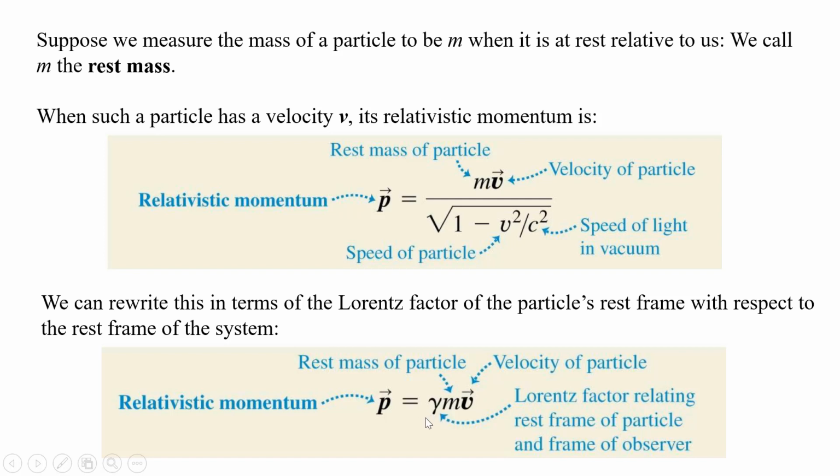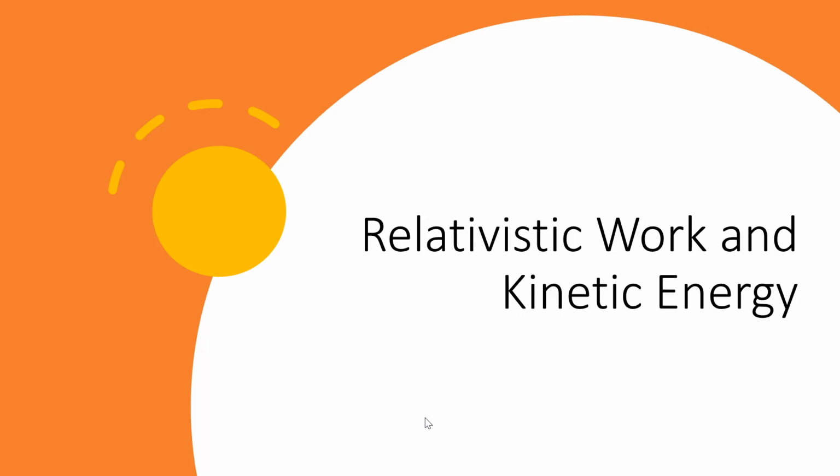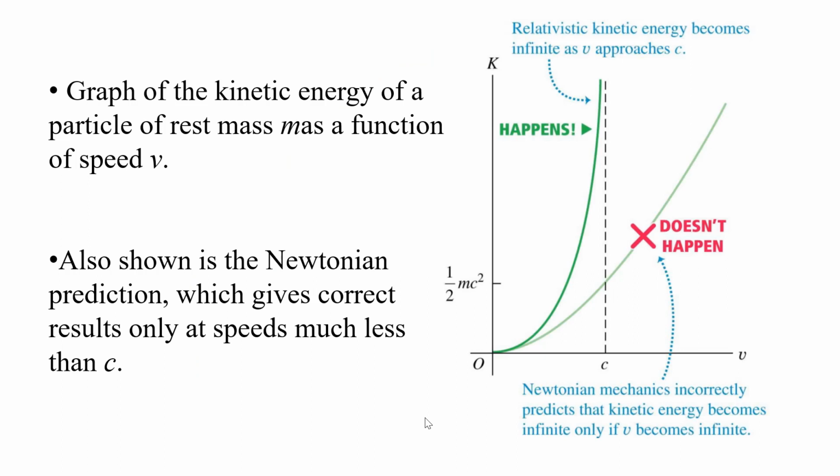Here we have the Lorentz factor, which relates the rest frame of the particle and the frame of the observer. We also have the relativistic work and kinetic energy. If you can recall, kinetic energy is defined classically as 1/2 times mass times the speed squared. Kinetic energy is a scalar quantity, so we have 1/2 m multiplied by v squared.